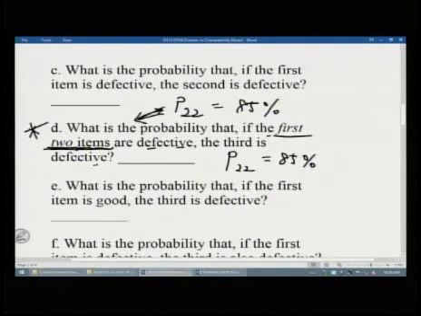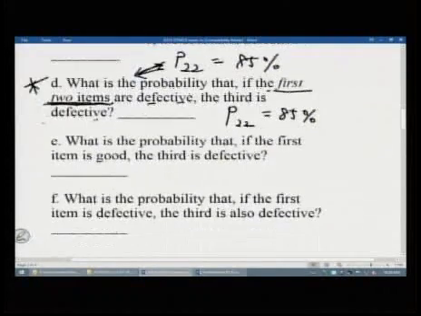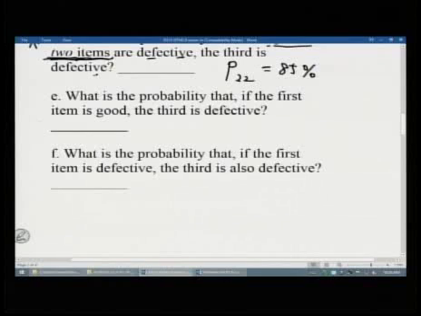Okay, now how about question E? What is the probability that if the first item is good, then the third item is defective? So which information do you have to use? This is the two-stage forecast, right? Which means we need the P squared matrix. How do you get the P squared matrix? Just P times P, right?